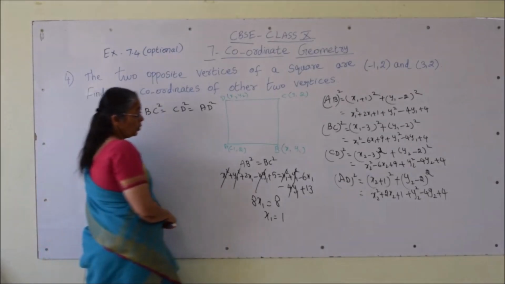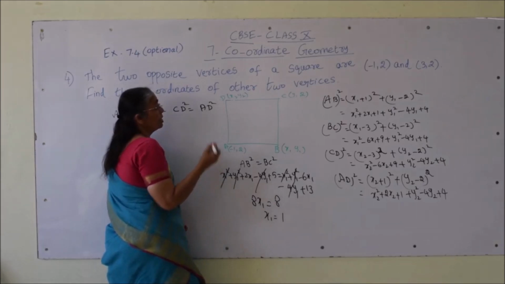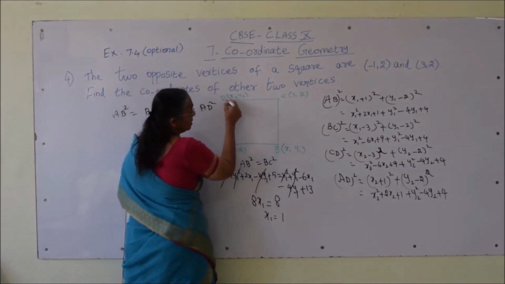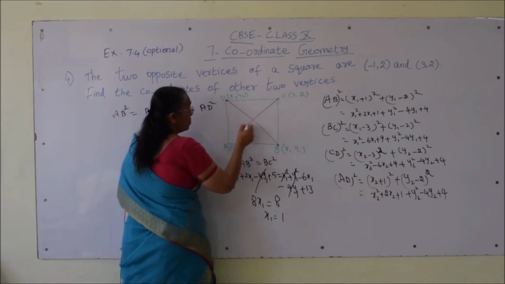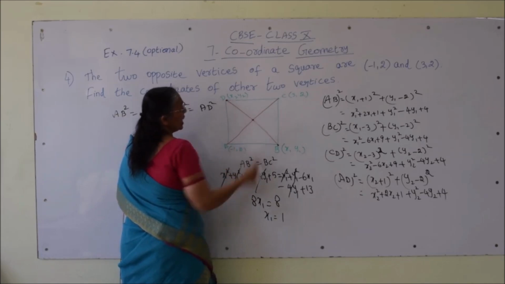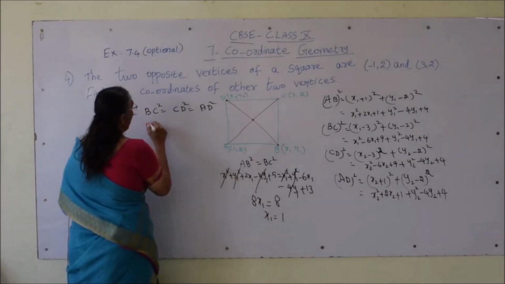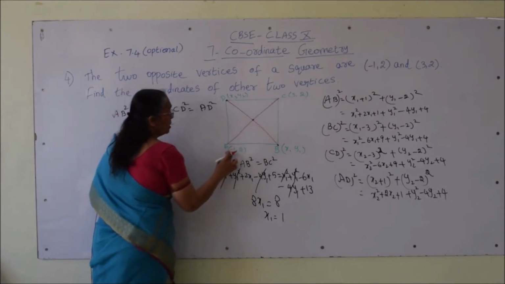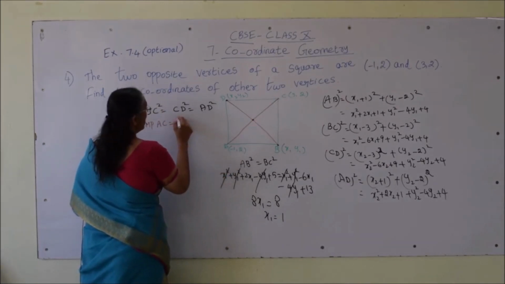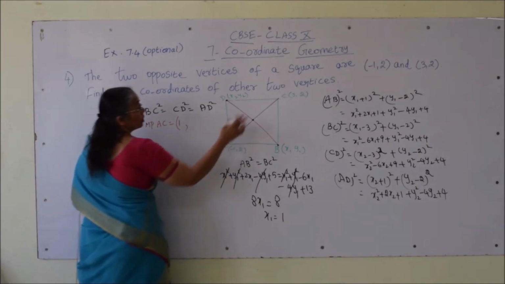Now we got x1 value. There is another condition for the square: diagonals bisect each other. So, the midpoint of AC equals the midpoint of BD. Midpoint of AC is (3 minus 1)/2, which is 1, comma (2 plus 2)/2, which is 2.